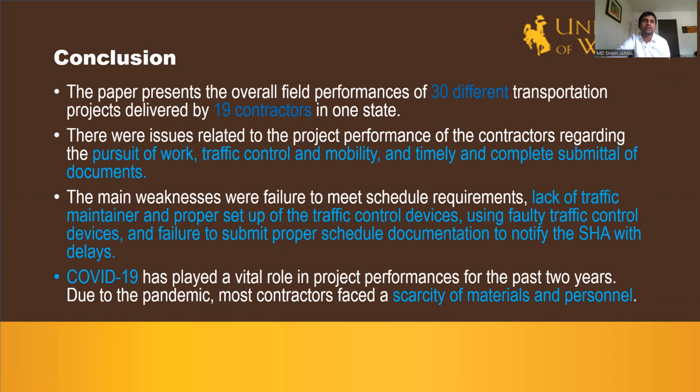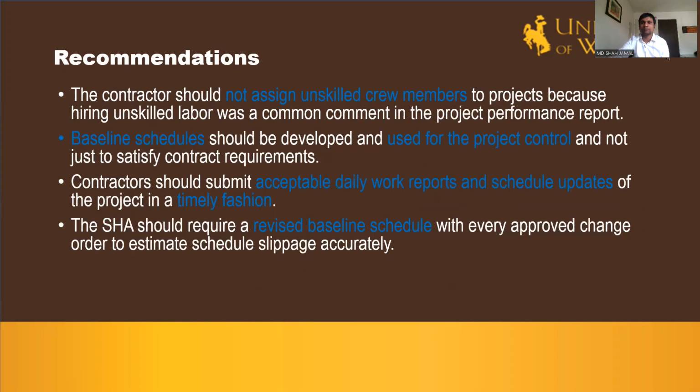The main weaknesses were failure to meet schedule requirements, lack of traffic maintainer, and proper setup of the traffic control devices, using faulty traffic control devices, and failure to submit proper schedule documentation to notify the state highway agency of delays. COVID-19 has played a vital role in project performance for the past 2 years. Due to this pandemic, most contractors faced a scarcity of materials and personnel.